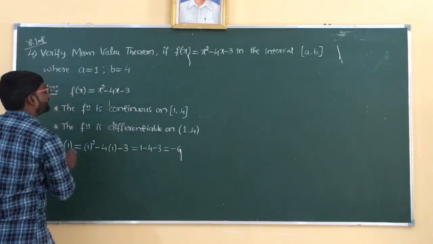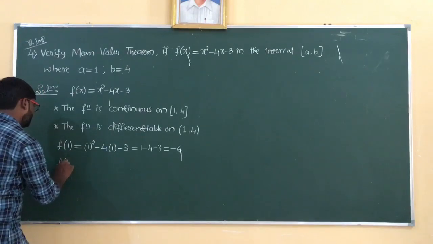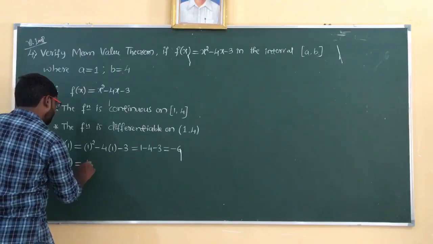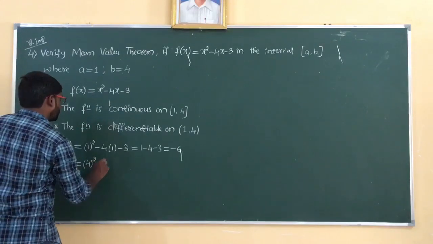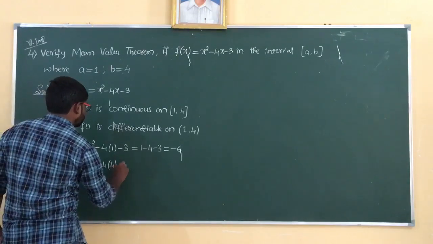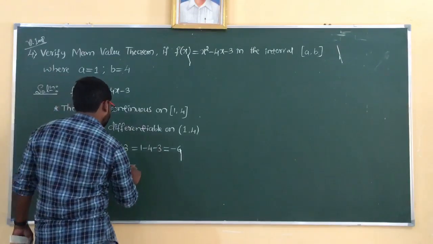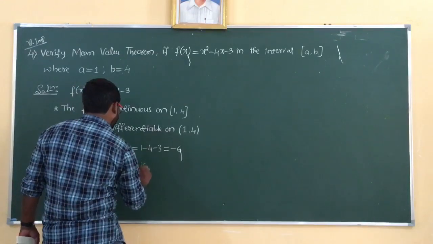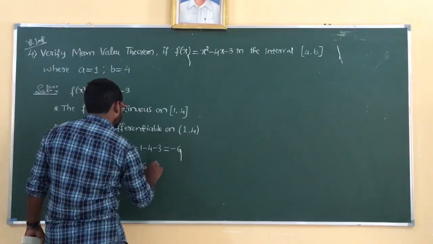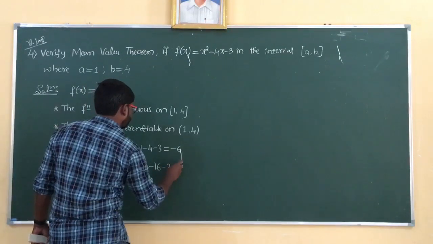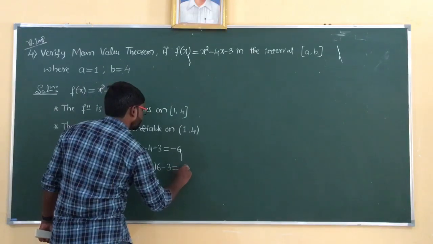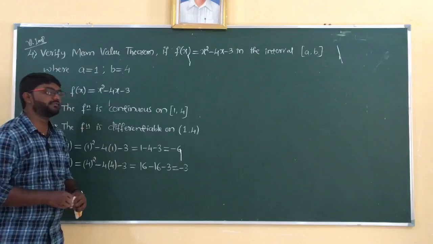Then now I will go for f of b, that is f of 4, which is equal to 4 square minus 4 into 4 minus 3. This is equal to 4 square will be 16 minus 16 then minus 3. So the answer is minus 3. So here f of a not equal to f of b.